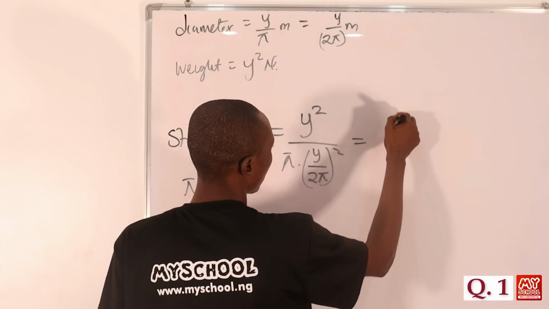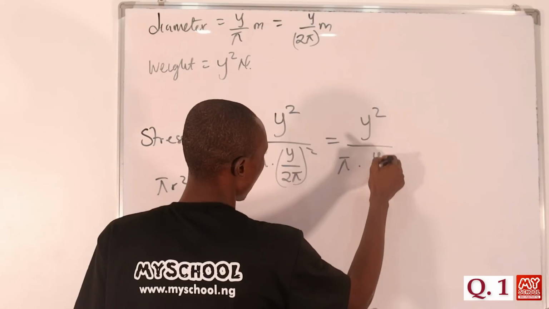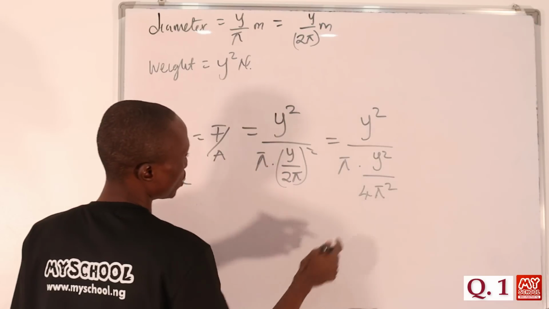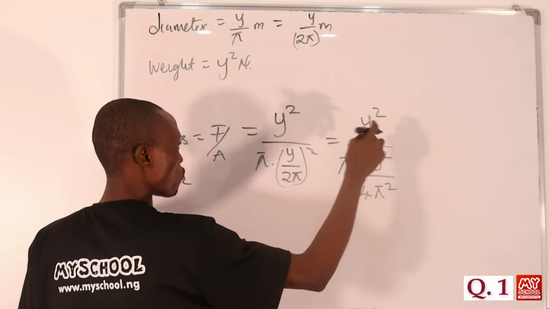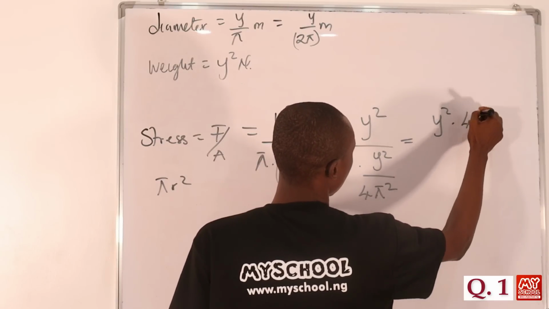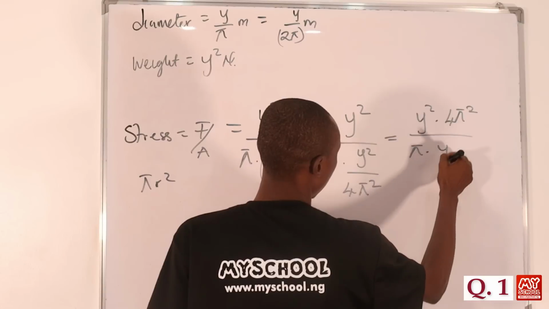So that will be having y raised to power 2 all over pi times y square all over 4 pi square, okay? So this 4 pi square will move up so that we'll be having y square times 4 pi square over pi times y square.